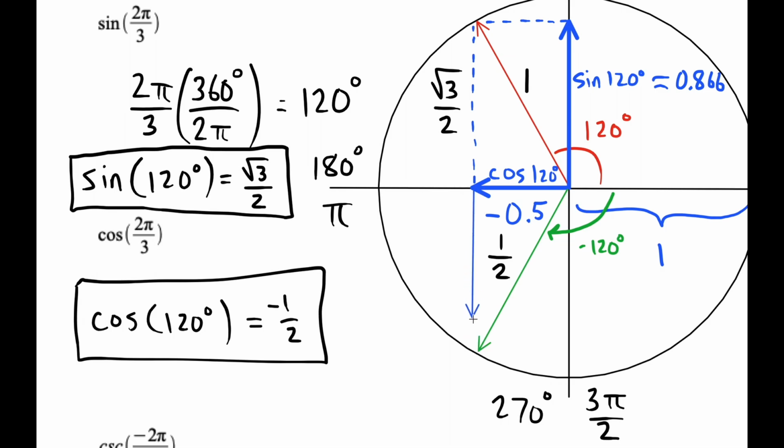So that's going to be the signed distance of the arrowhead of the negative 120 from the x-axis. By symmetry, we can see that the value is going to be 0.866, but because it's down rather than up, we would call it negative. So sine of negative 120 degrees is going to be negative 0.866.